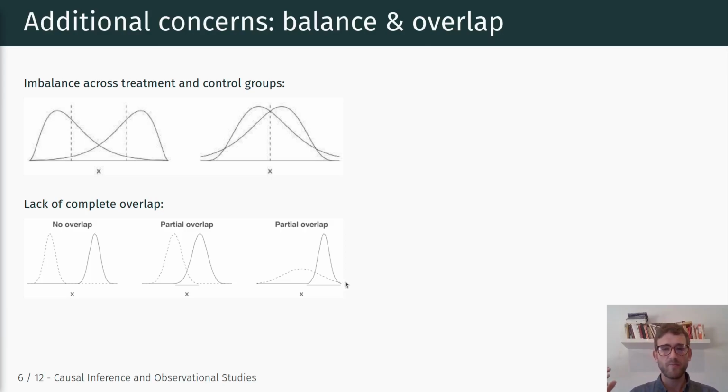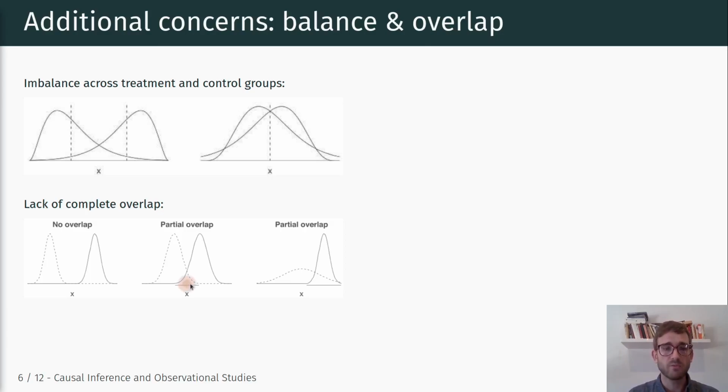Because in order to make valid causal inferences, we need control groups or comparison groups that are comparable, right? So in this center graphic right here, where we have partial overlap, the treatment effects that we can estimate can only ever tell us something about the treatment effect among observations that fall within that range of the underlying confounding factor, right?